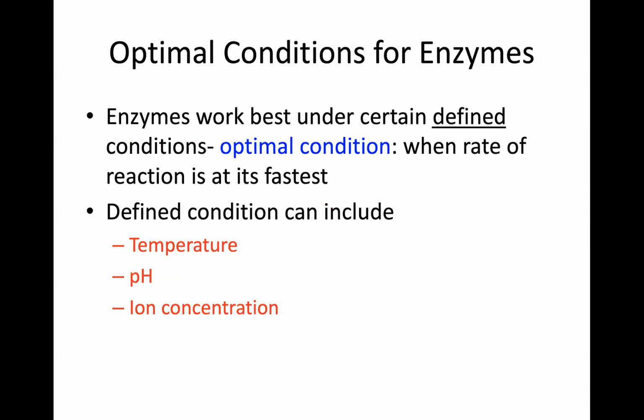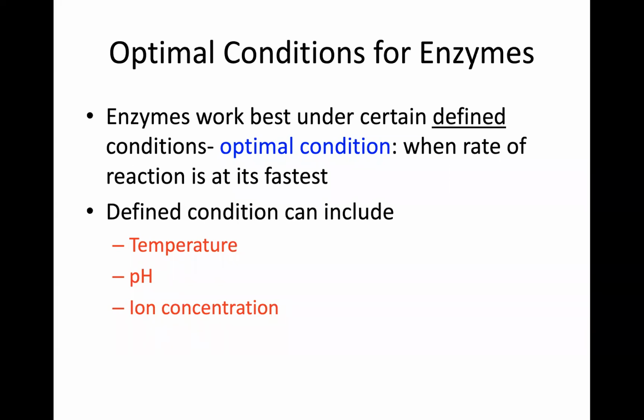And then there are some additional conditions that must be met in order for enzymes to have their optimal activity. We know that enzymes work best under certain defined conditions, and we call these optimal conditions. So we're talking about the overall environment here. Optimal conditions are defined when the rate of the reaction is at its fastest.